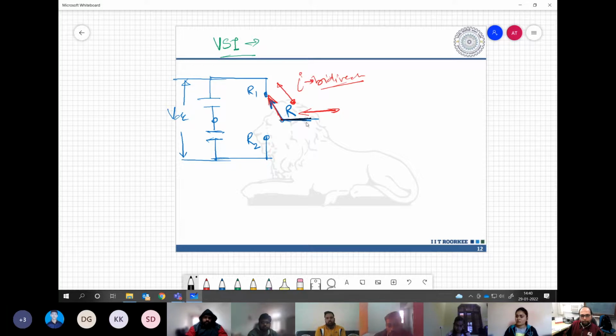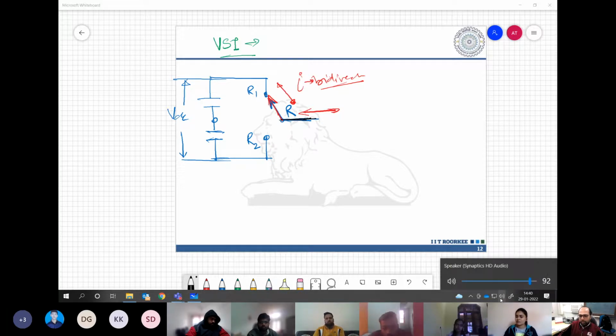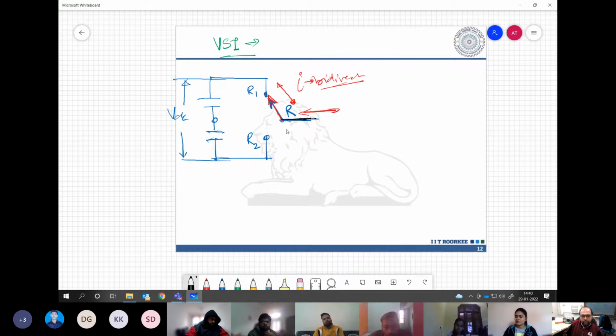Yes, so plus VDC by 2 at R and minus VDC by 2 at R2. So in total we have a blocking voltage of VDC. Notice the polarity. R is at the positive and R2 is at the negative. The total difference is VDC. Now, the second option for our pole to be connected.